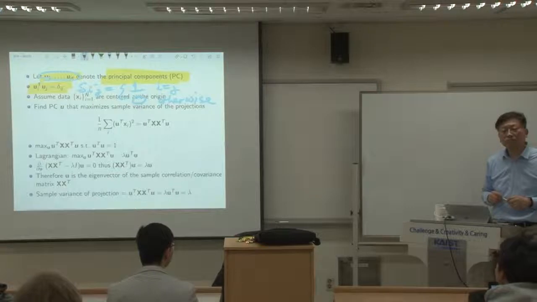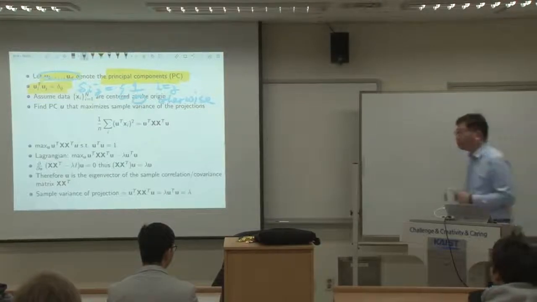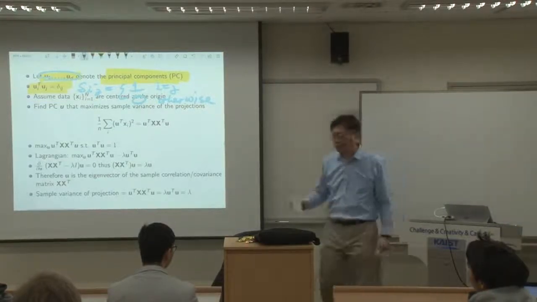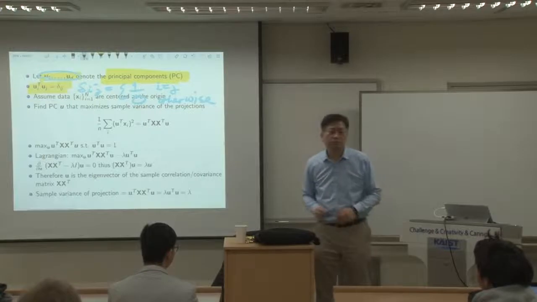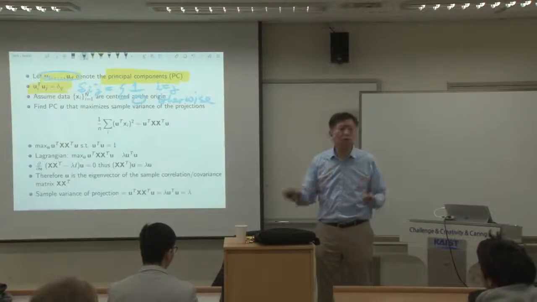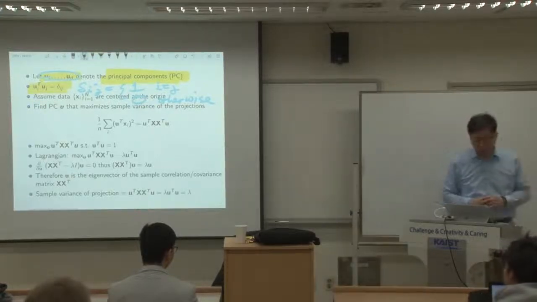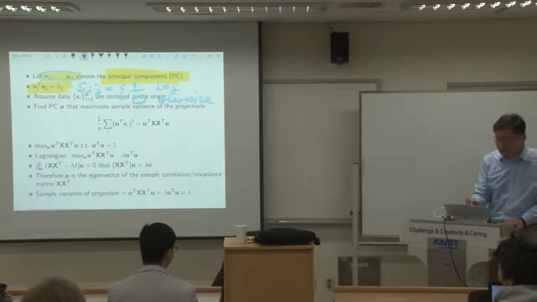And the eigenvectors that we found from this covariance matrix, they are not necessarily unit vectors. Did we convert them? Let me go through this, because I think the norm is one. Okay, those are good things to think about.